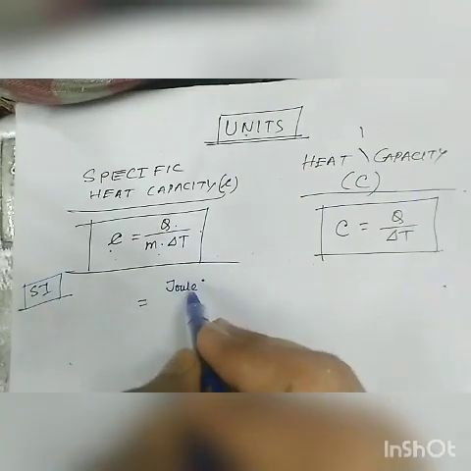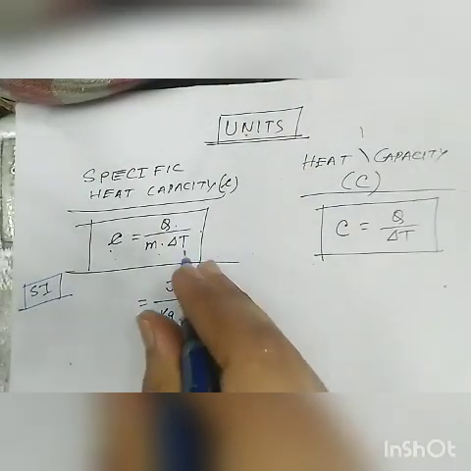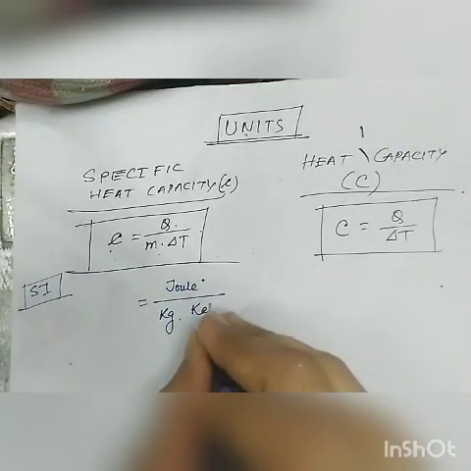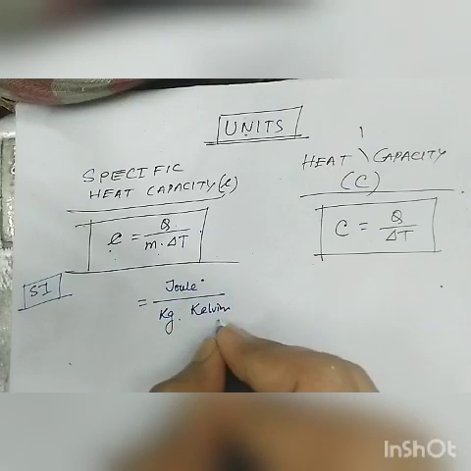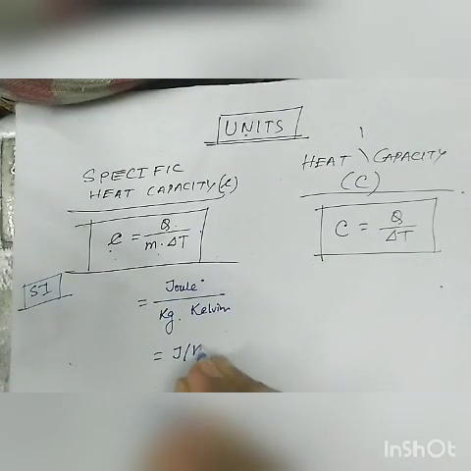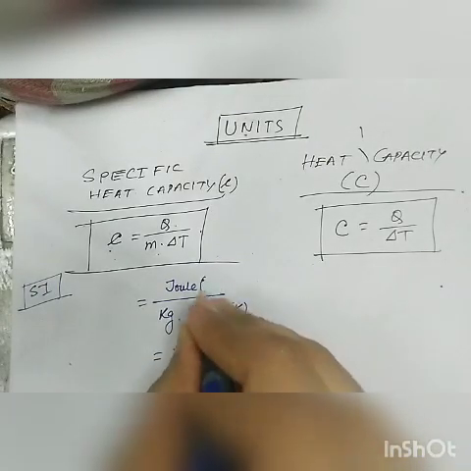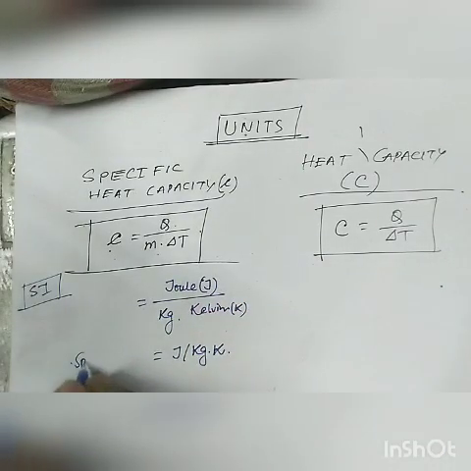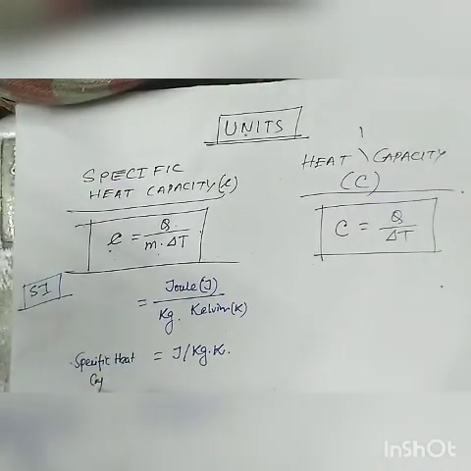By mass is in kg, and delta T, temperature in Kelvin. So what I got? Joule per kg Kelvin, that is J per kg into K. Kg for kilograms, K for Kelvin, and J for joule. This is the SI unit of specific heat capacity.